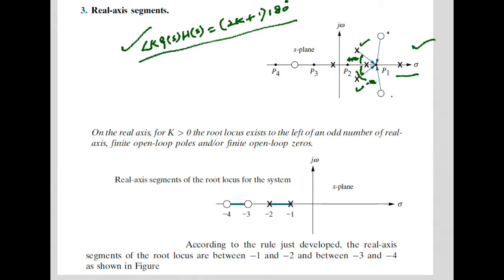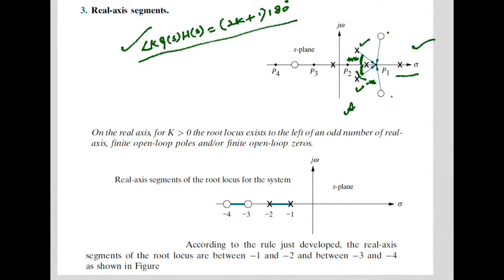So the net angular contribution of this pair of complex poles is equal to 0.